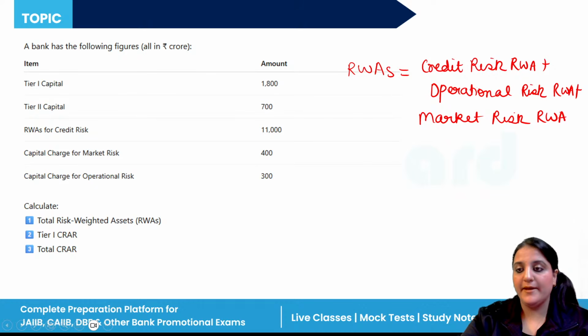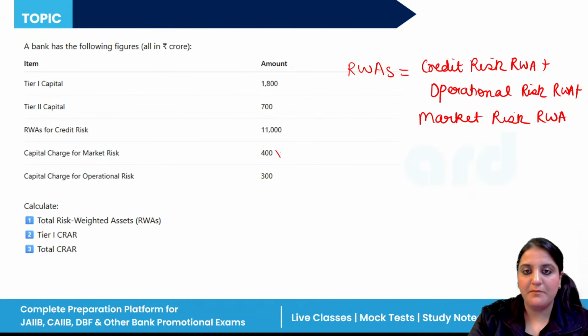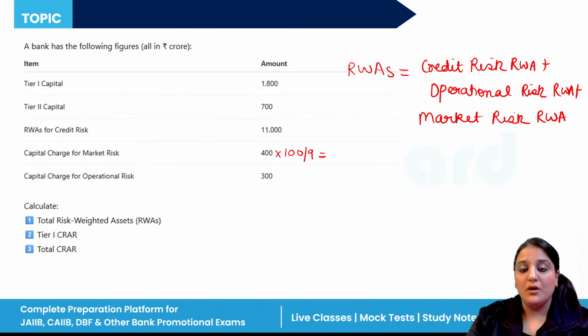So here, this market risk is generally, what is the capital charge for market risk multiplied by 100 divided by 9. So 400 multiplied by 100 divided by 9, which is equal to 4,444.44 crore.